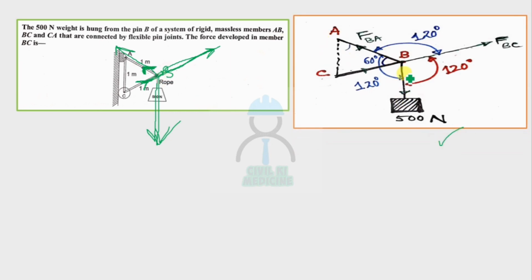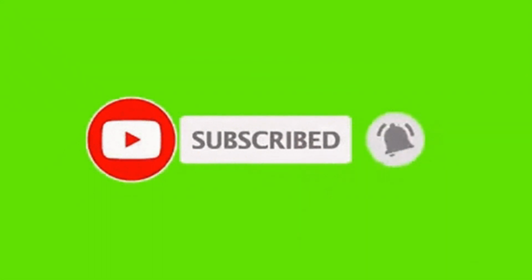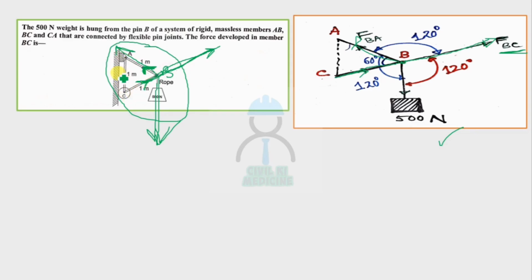See the free body diagram. This is the mass, this is the force of member BA, and for member BC the force will be outward. That means the line of action will be along this direction, force BC. Now we have to find the angle. For this triangle, all three sides are 1 meter, 1 meter, 1 meter.